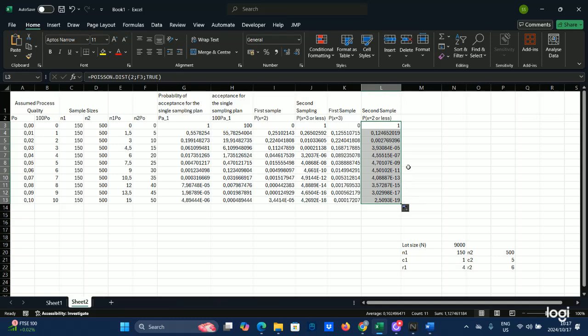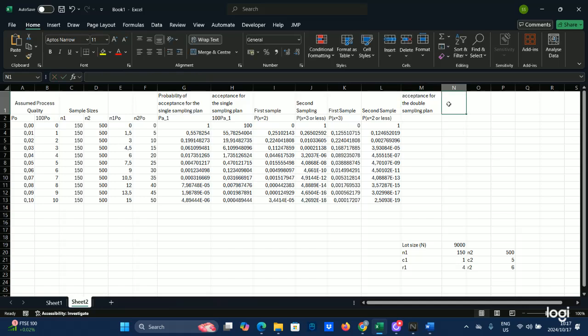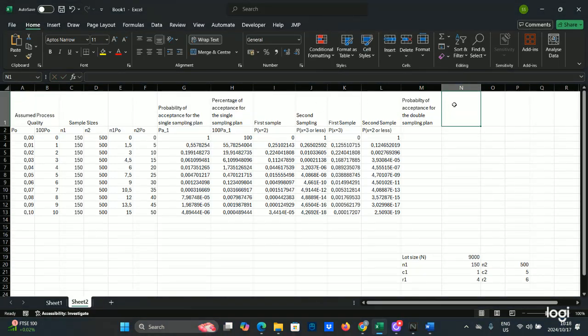So now after you are done with that, you calculate your probability of acceptance for the double sampling plan, which means you calculate your probability and percentage of acceptance for a double sampling plan. So now probability of acceptance for the double sampling plan, and then you can also say your percentage.